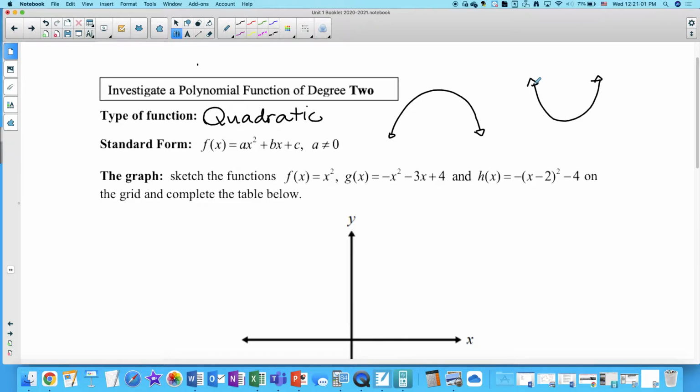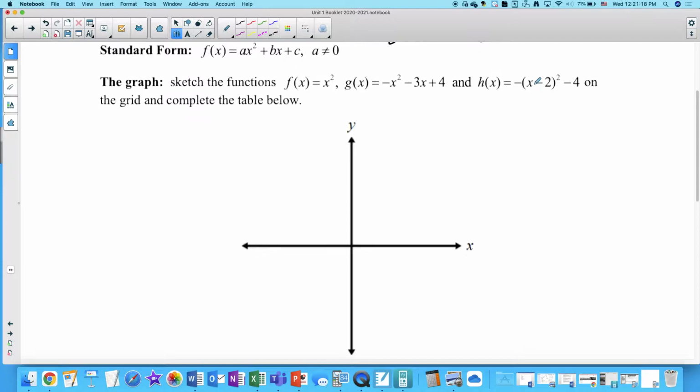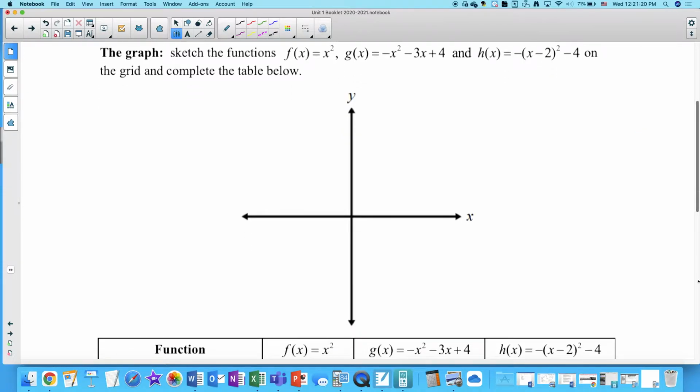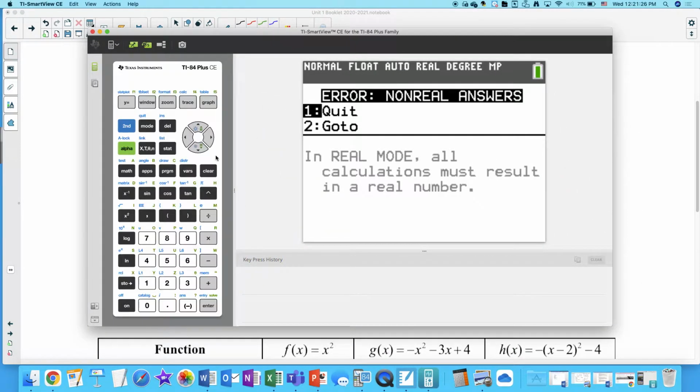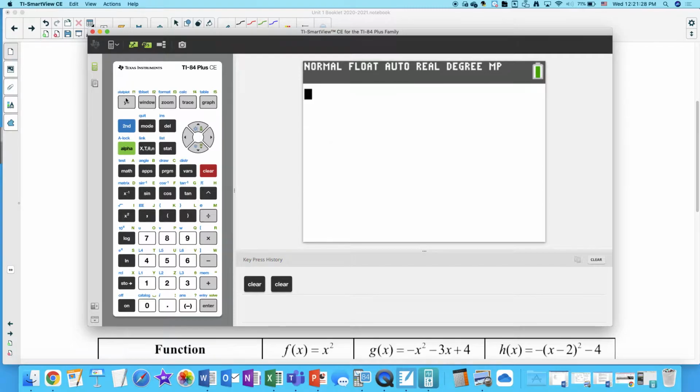So we're just going to start out by doing some investigations and looking at 3 different functions and putting that out on this graph over here. So we've got these 3 functions, f of x, g of x, and h of x. And I'm going to graph those using a calculator. So here we go. Okay. Y equals.